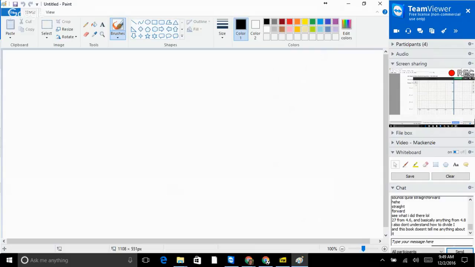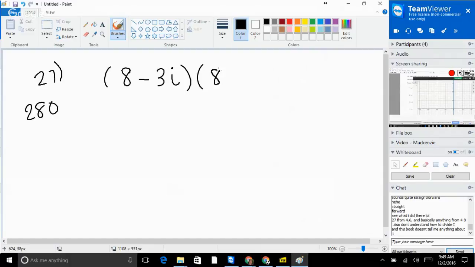Is that right? This is on page 208 or 280, if I don't reverse my numbers. Is this the right one, Elijah? You think? Okay. Well, we'll do this one and then we'll do one of the dividing ones. How's that sound?